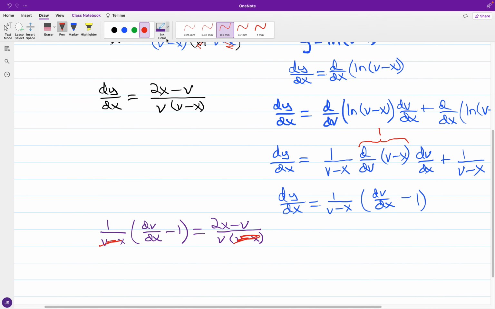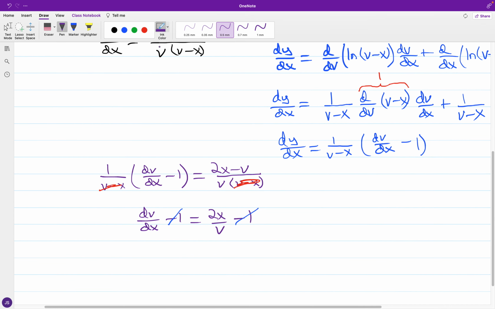So this comes down to dv over dx minus 1 is equal to 2x over v minus v over v, which is negative 1, and lo and behold, we have another cancellation. So we now have dv over dx is equal to 2x over v.